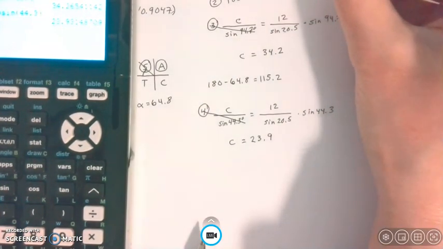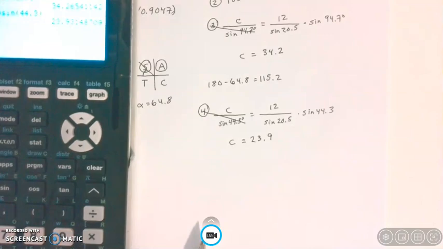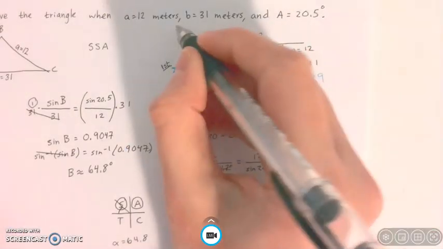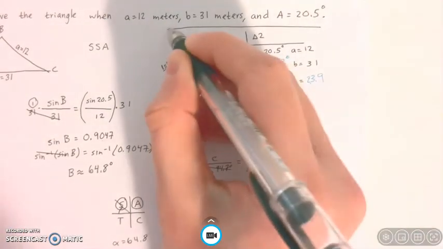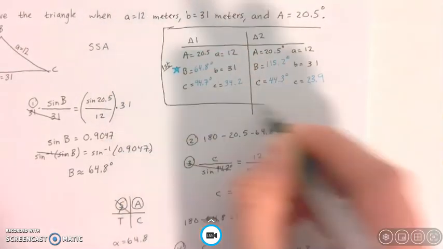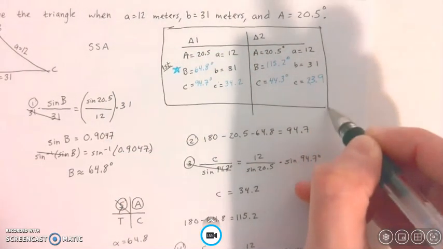Alright, so I have my final answer. There are two possible triangles, and that's my final answer.